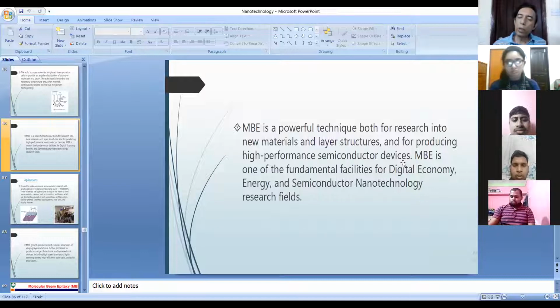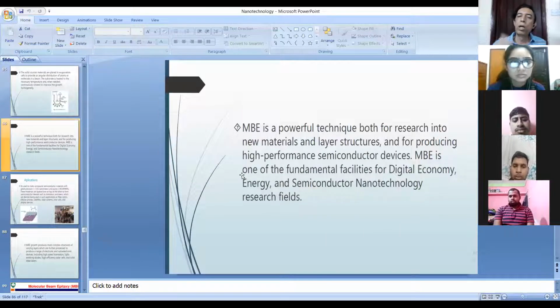Because we can produce extremely pure thin films by this molecular beam epitaxy, it is very much useful for high performance semiconductor devices. The semiconductor devices show high performance.